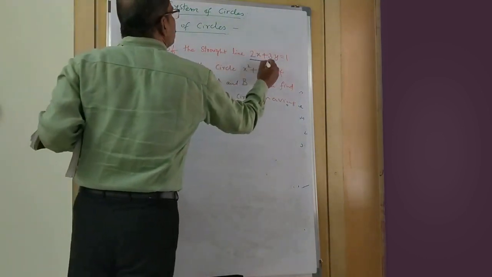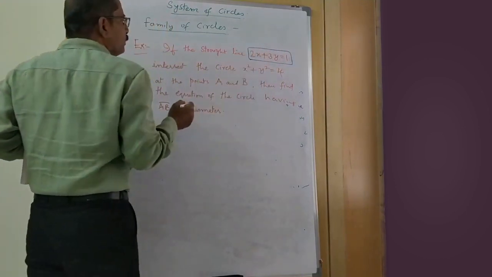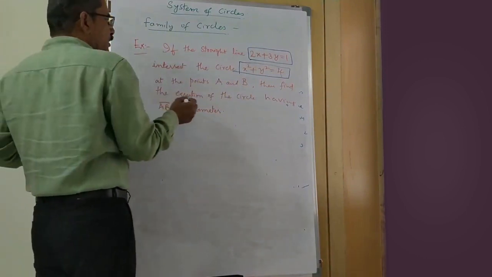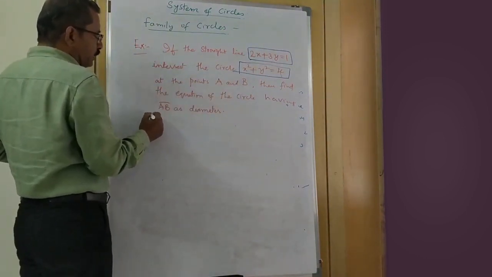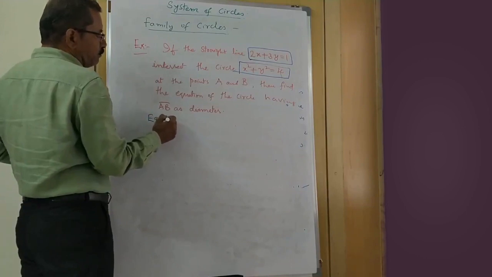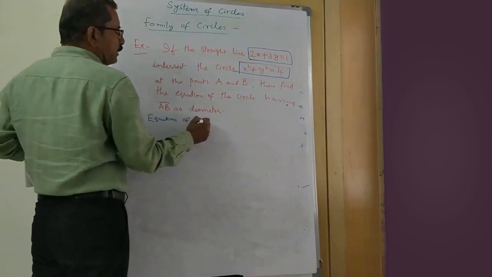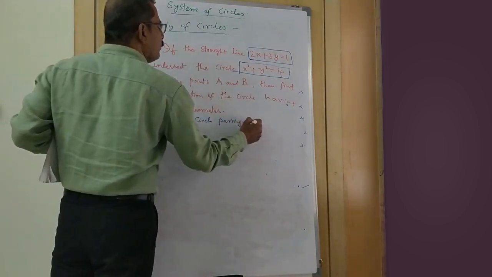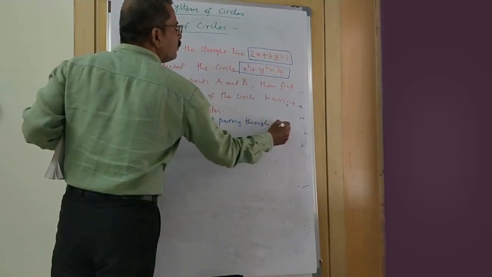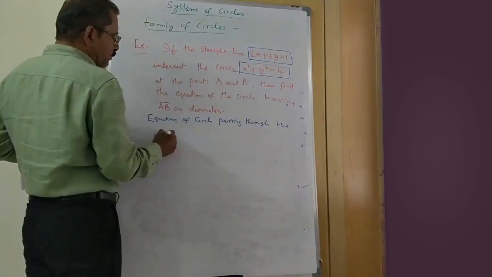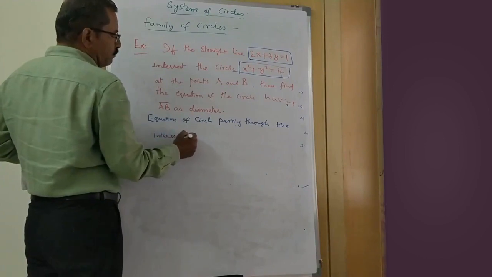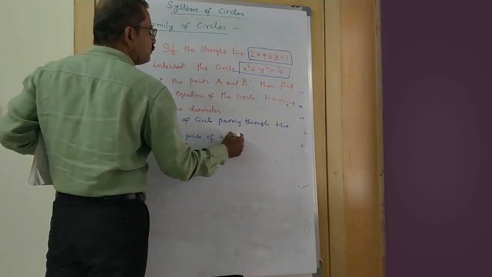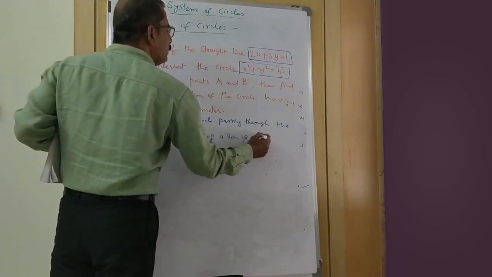Here, given that this is a line equation, L is equal to 0, and this one is the circle equation, S is equal to 0. What is the equation of the circle passing through the intersection points of a line and a circle?